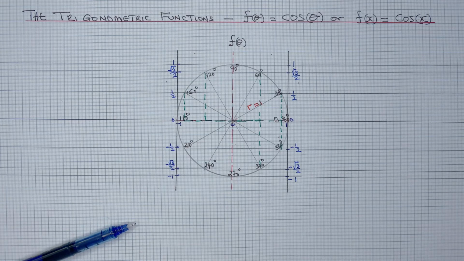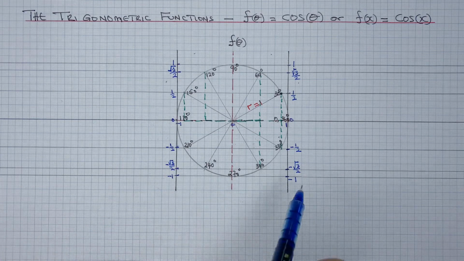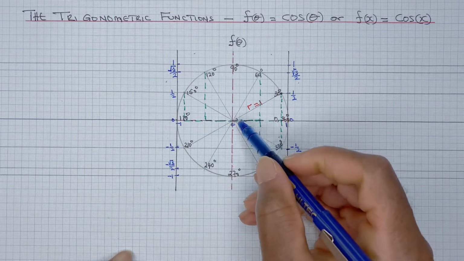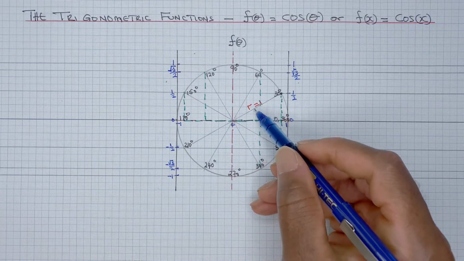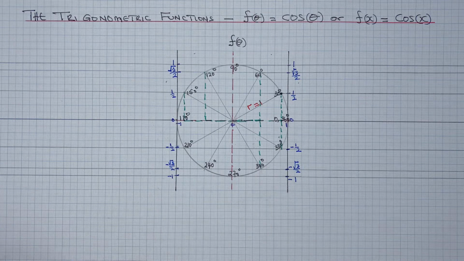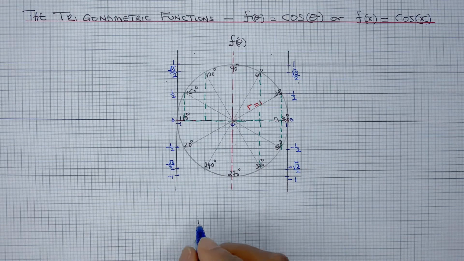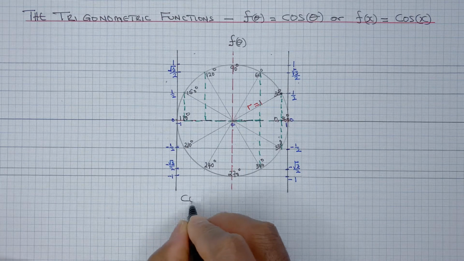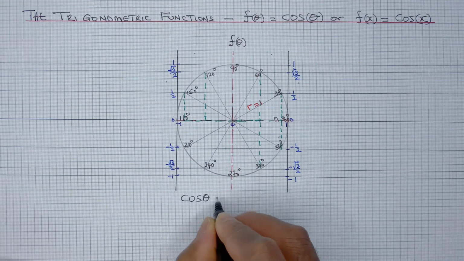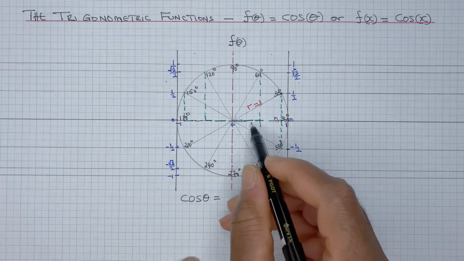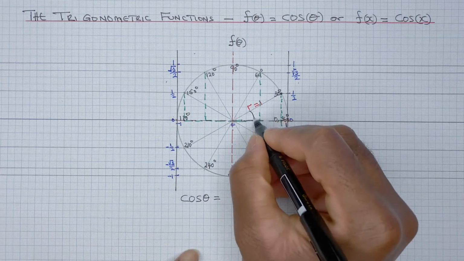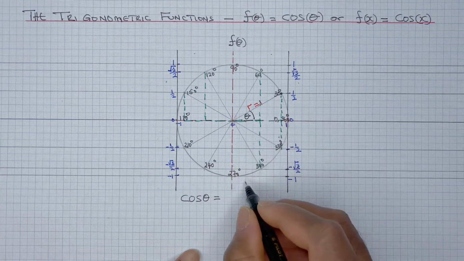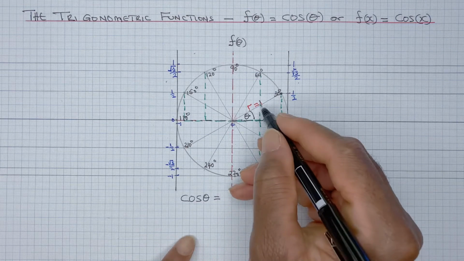We are only plotting the x value today. The x value in ratio to the radius is the cos theta. So cos of the angle theta is the adjacent of the angle theta over the hypotenuse.